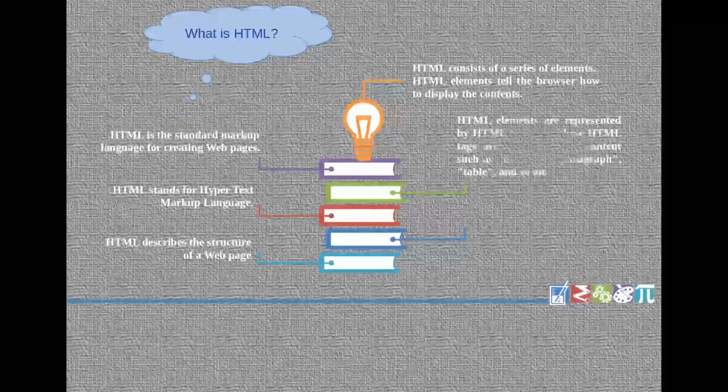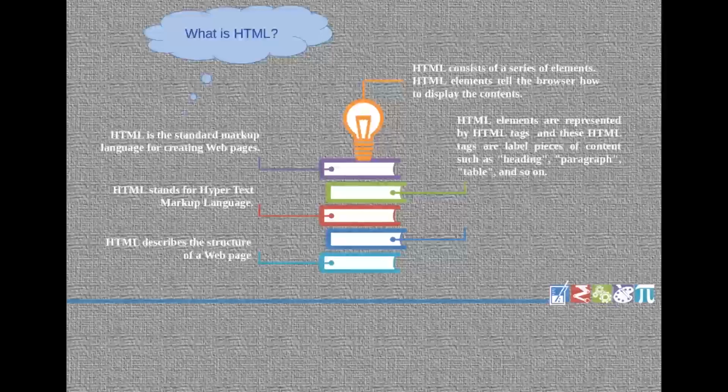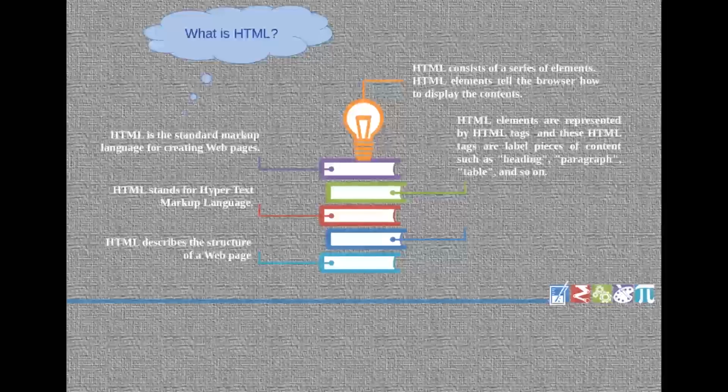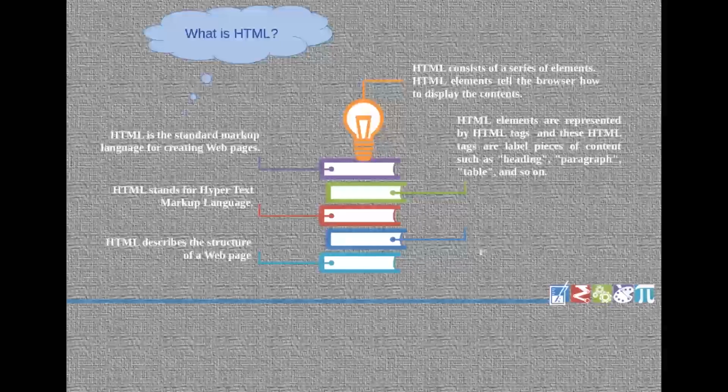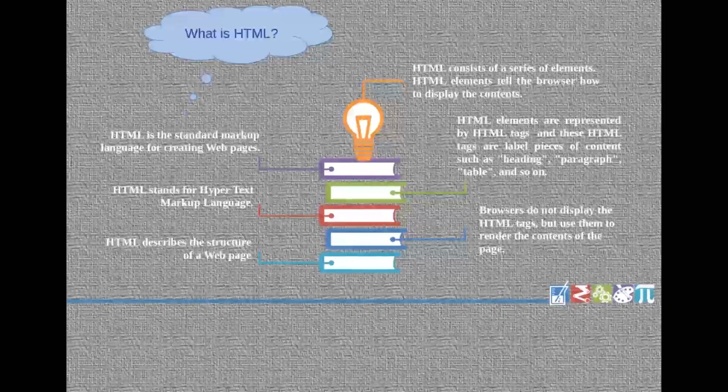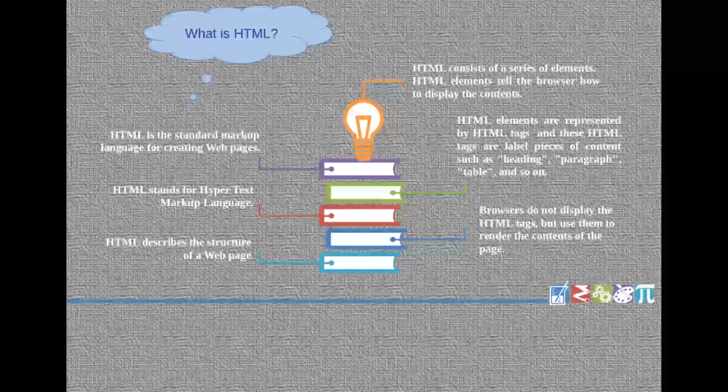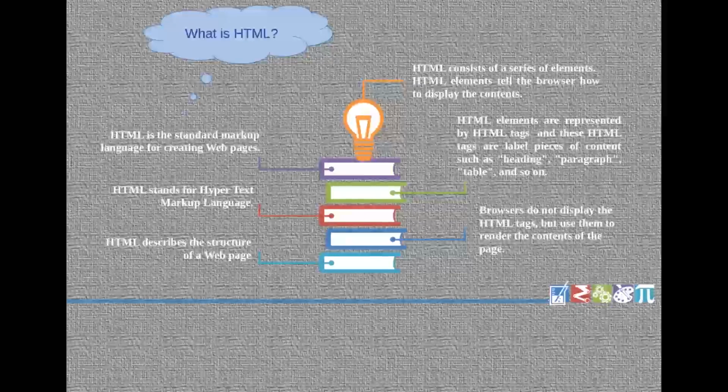HTML elements are represented by HTML tags, and these HTML tags label pieces of content such as heading, paragraph, table, and so on. So we'll be writing them in tags, and whatever is written in the elements is displayed onto the browser. Browsers do not display the HTML tags, but they render the contents of the page.